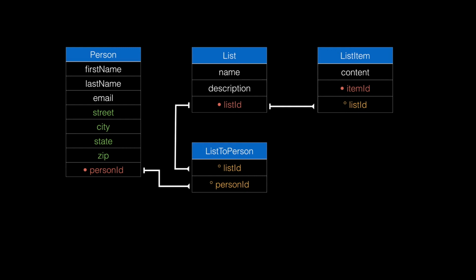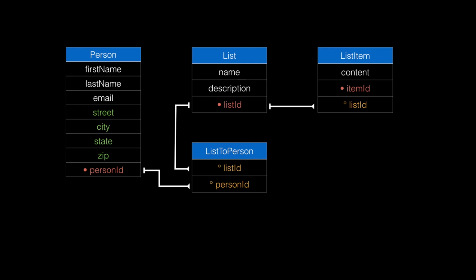Now, where we have relationships, such as between list and list item, we also need to account for that relationship. So how would you identify a list item as being a part of a list? Well, you could simply include that list's primary key as one of the properties of list item. So we could have this table of list items with their content and their own primary keys, so that each one gets a unique number.